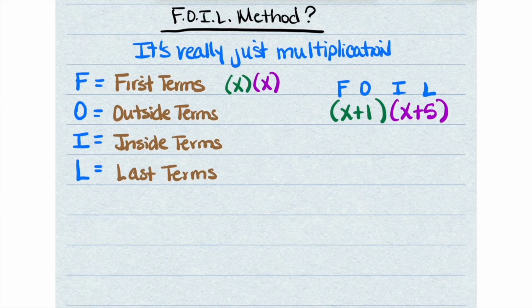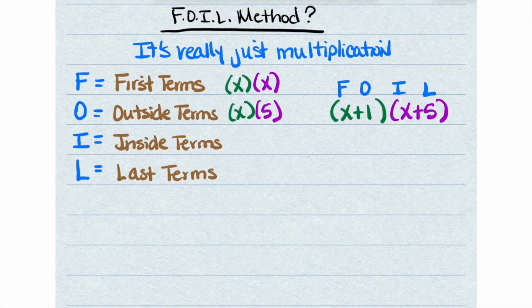And then the outer terms, or the outside terms, are the terms on the outside of each binomial. We already did those two, so now we're going to do the x times the 5 because they are on the outside of the multiplication. That's the x times the 5.